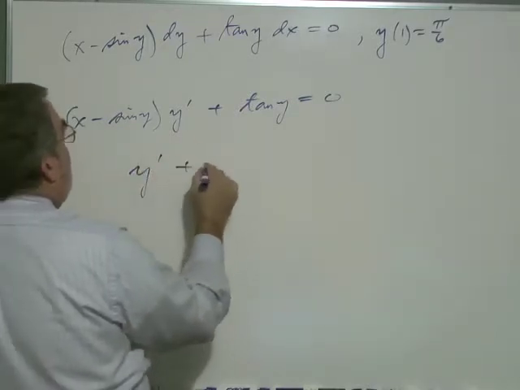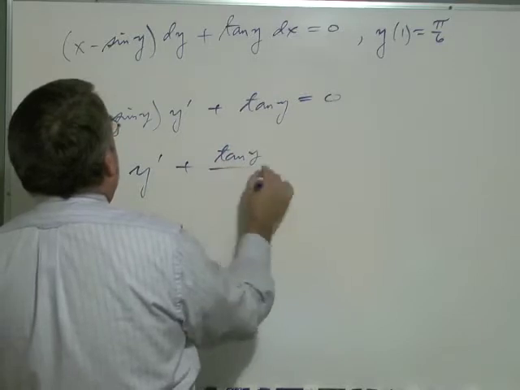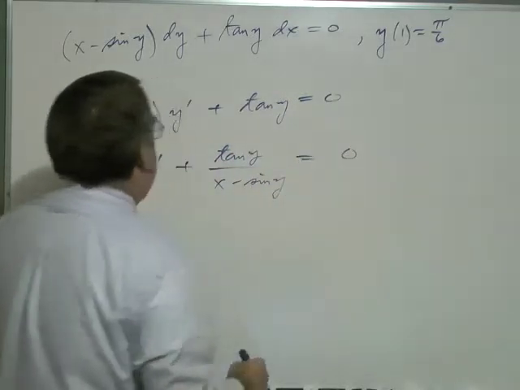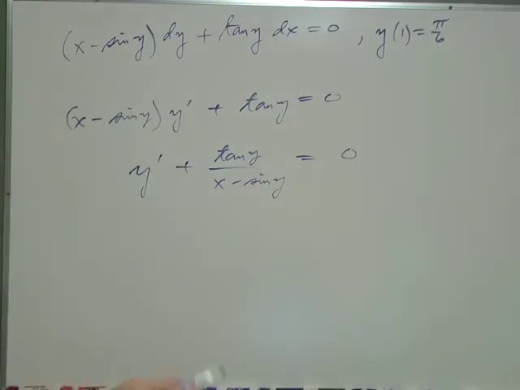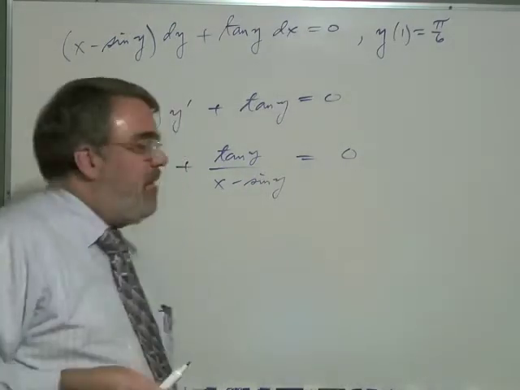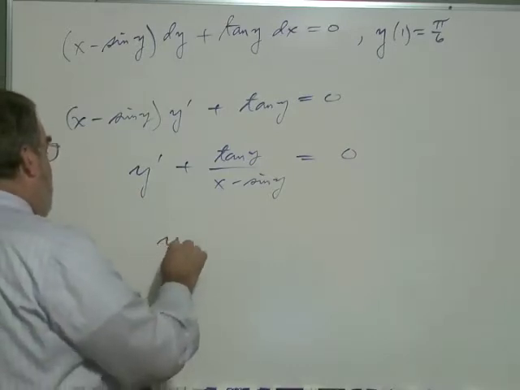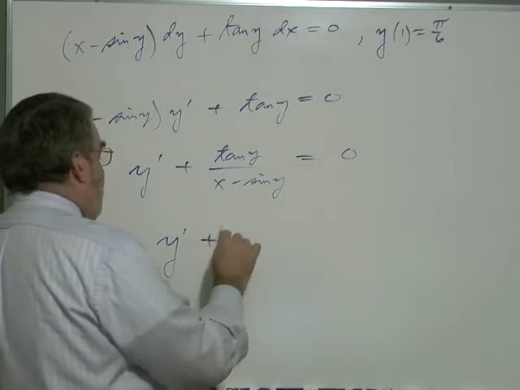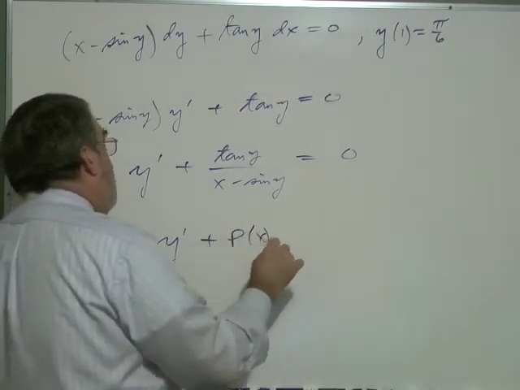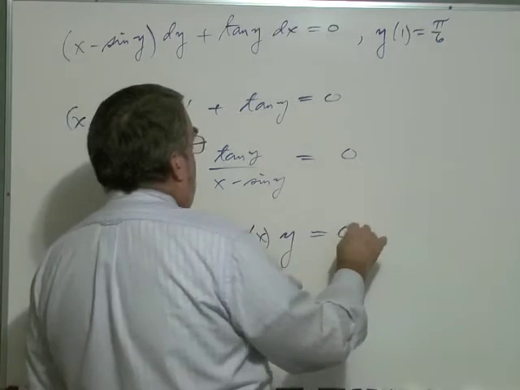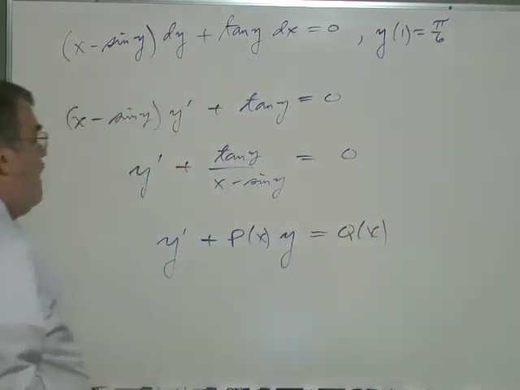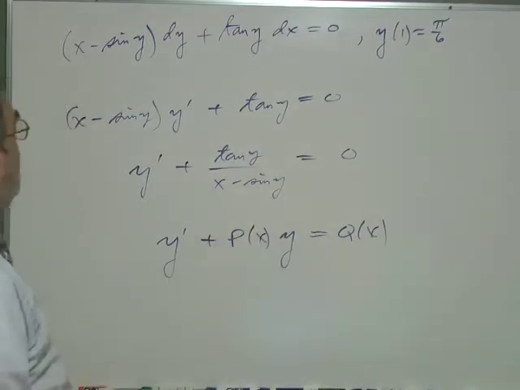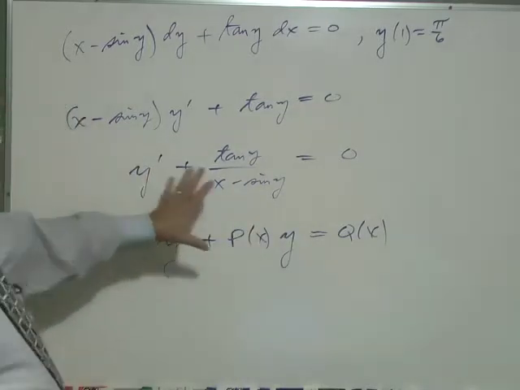So we have y prime plus tangent y over x minus sine y equals 0. And we have something that doesn't look familiar that we could solve. Because remember, the problems we're looking at for the integrating factors are this form here, y prime plus p of x y equals q of x. And there's our issue. We don't have a y coming out of here at all. So I'm thinking this method doesn't work.